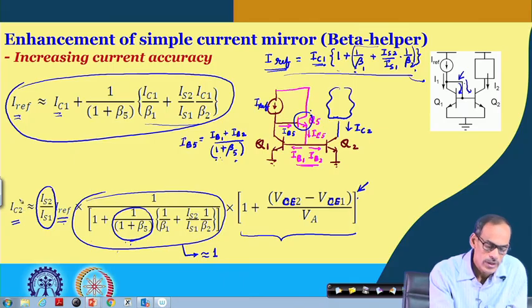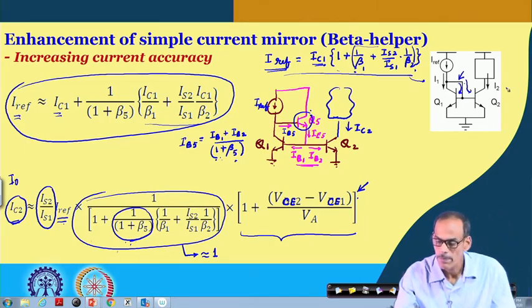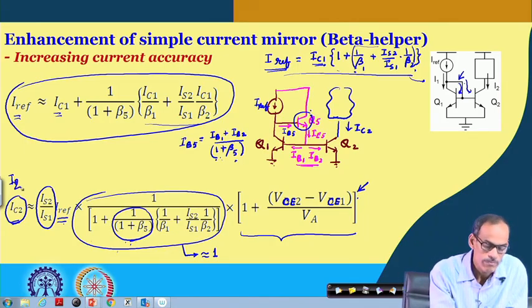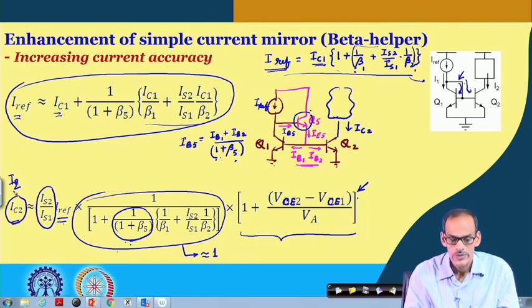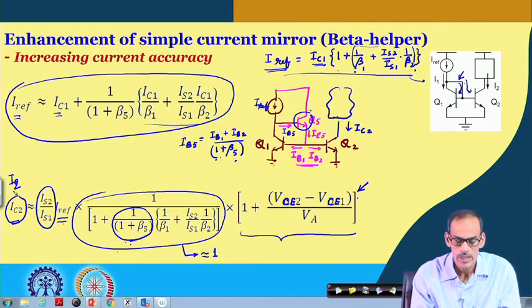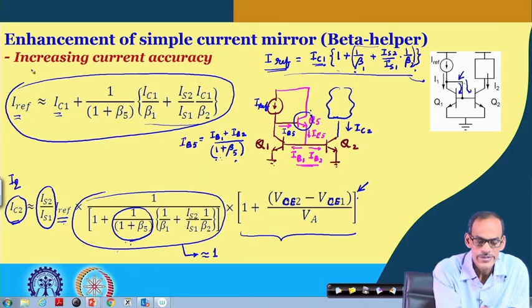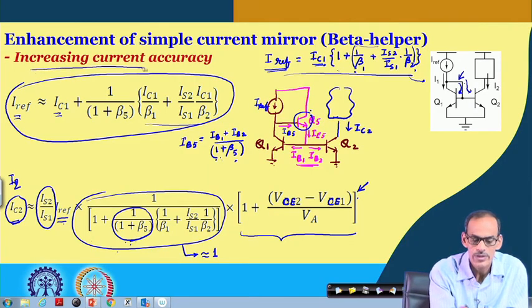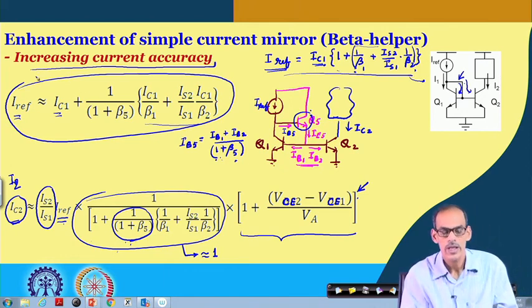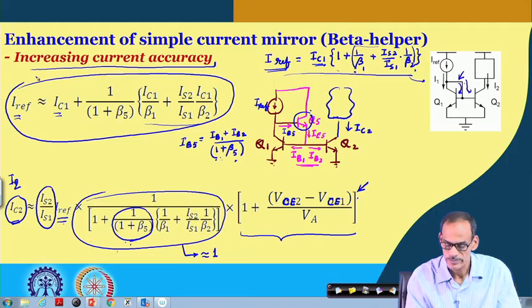So, that is the expression of the final current, whatever you see, IO or I2. I think these are the two possible ways of improving the circuit, and by doing this, as I said, the non-ideality factor goes close to 1. In other words, the beta helper circuit increases the accuracy of the current.